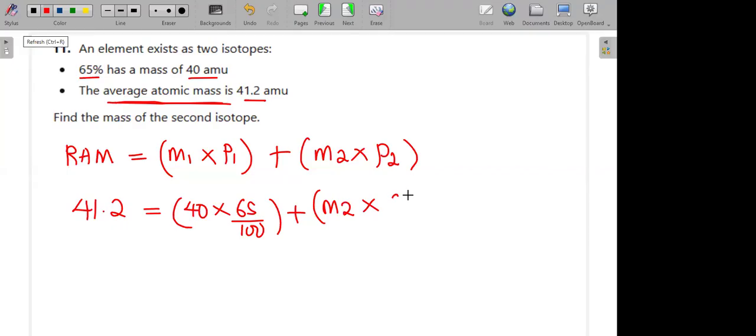So that one is going to give you 35 over 100. Meaning that we can now find this M2. So I'm going to say 41.2 is equal to 40 multiplied by 65 and then divided by 100.